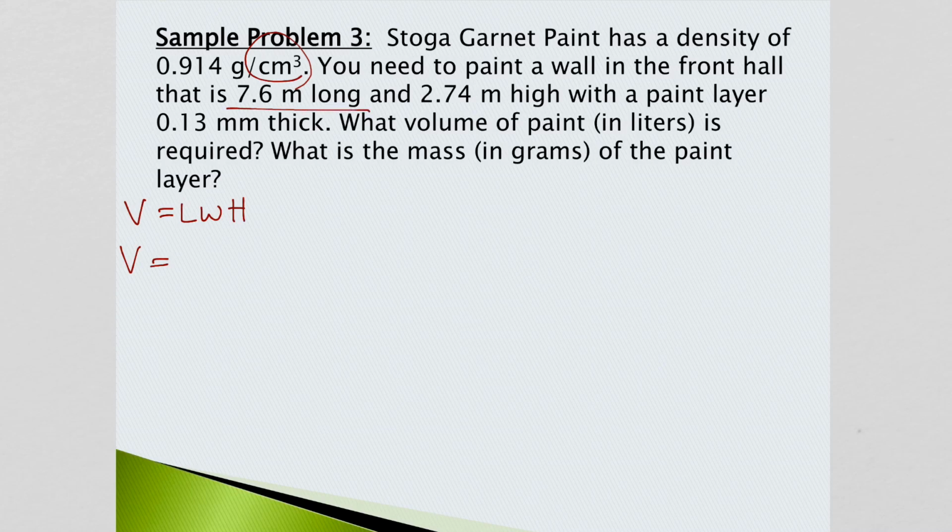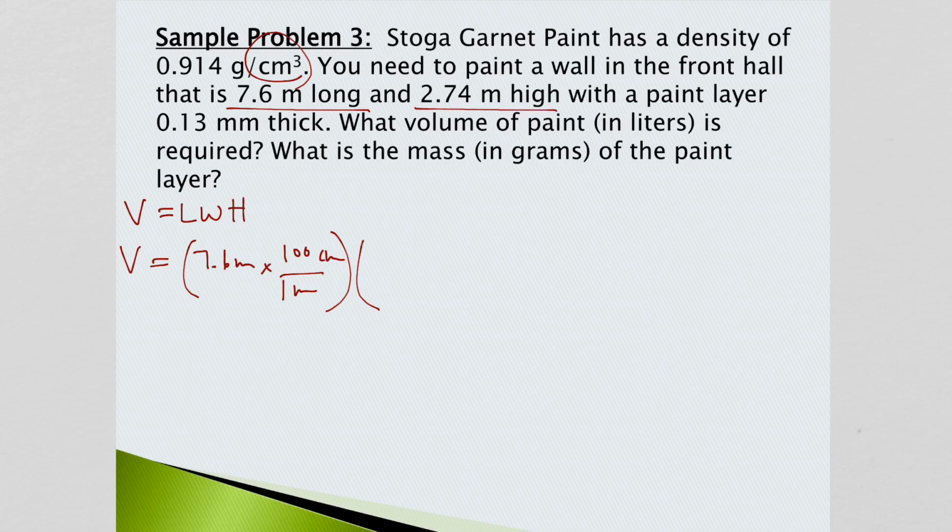So the first one is 7.6 meters long. So 7.6 meters, and my conversion is going to be 1 meter is 100 centimeters. Now my width, this is listed as height, but again, it's going to be 3 dimensions.